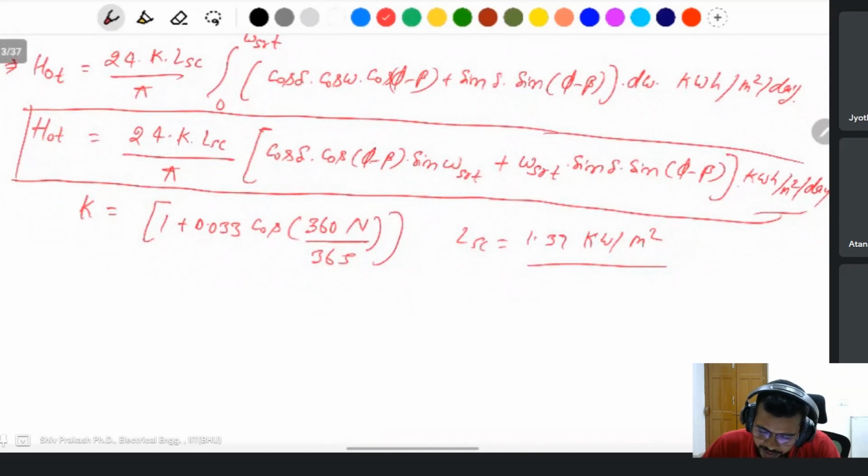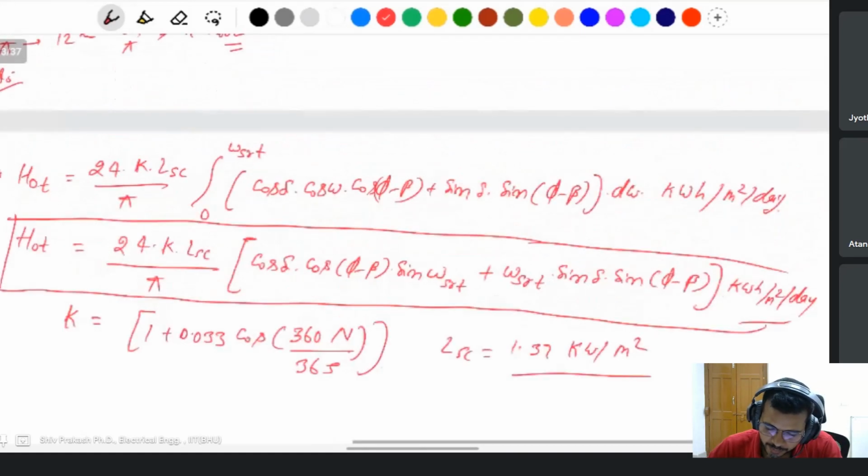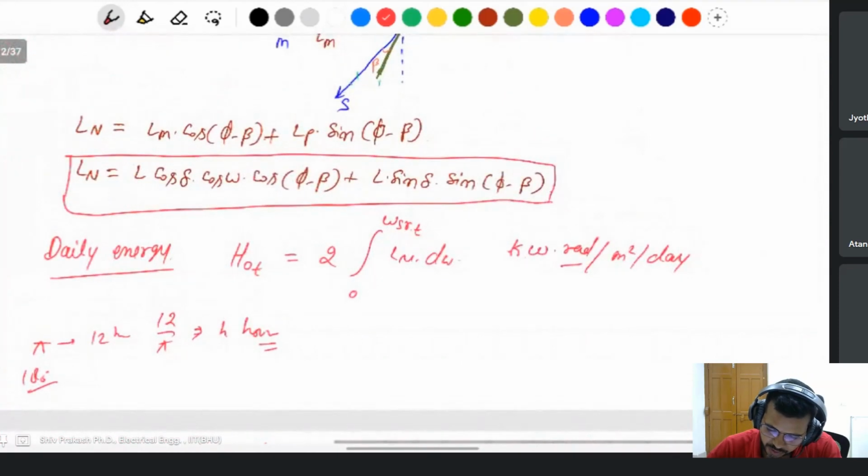But if you want to find the sunset or sunrise angle with a tilted surface, then at sunset this will be 0.